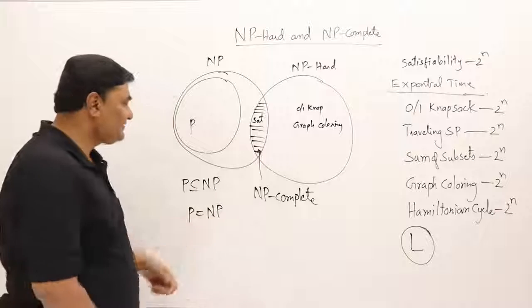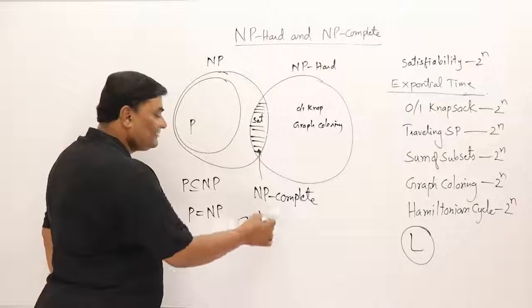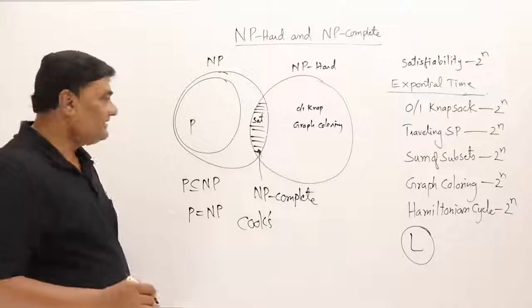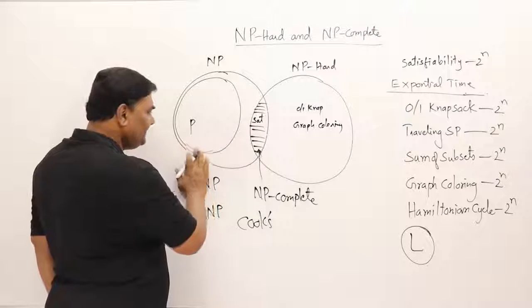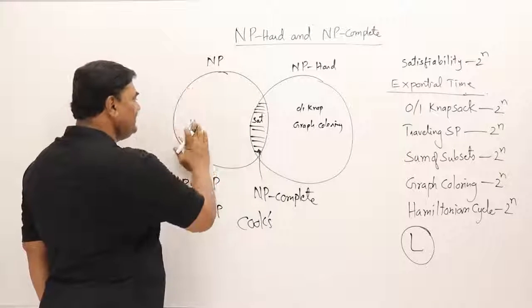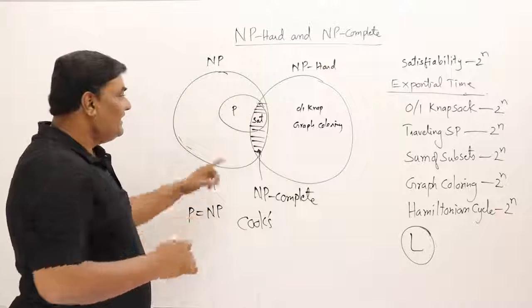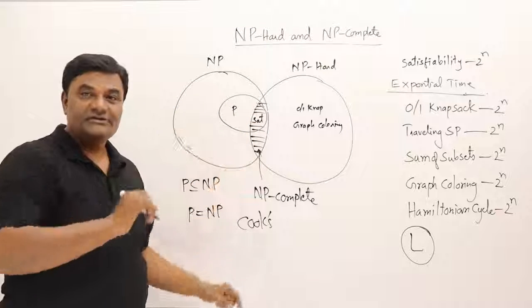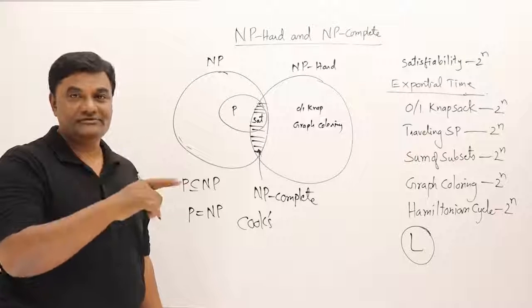So Cook has tried to prove that. There is a famous theorem on this one, Cook's theorem. He has tried to prove that. He proved this one, that if satisfiability is lying in P, so it means where this P is we don't know. Even P can be in the intersection part of this one, right? So he said that satisfiability is in P if and only if P is equals to NP. Satisfiability will come into P if and only if P is equals to NP.